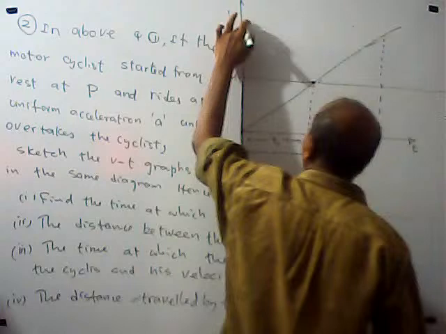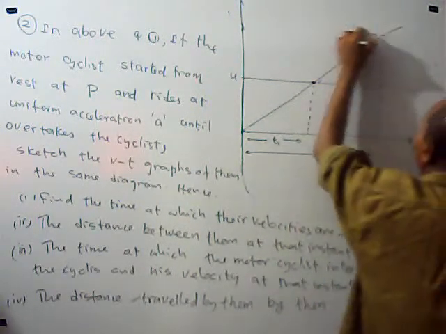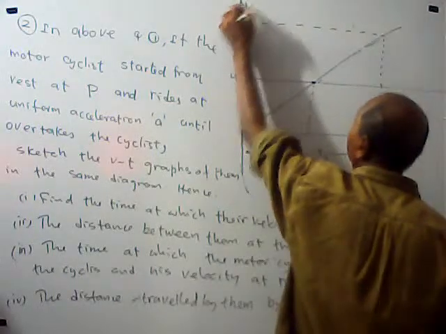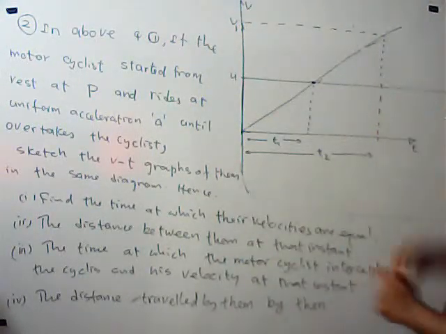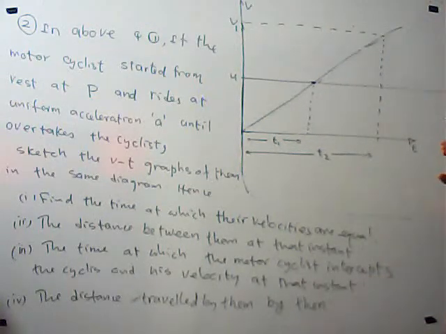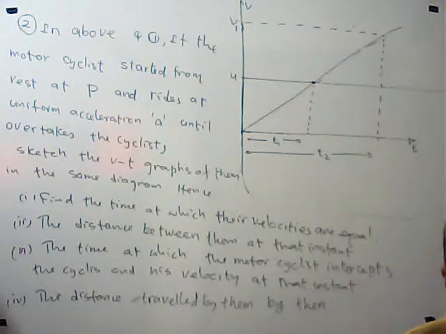So the diagram will look like this, but we have to mark another thing. We don't know the velocity of the motorcyclist at this instant. Take some v1.